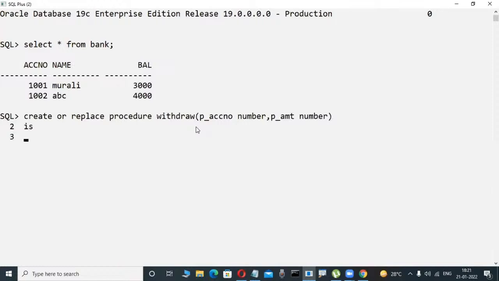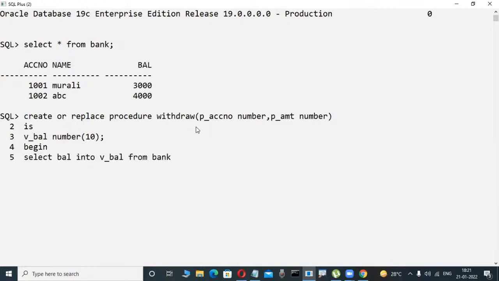Now some coding is there. I want to find out the balance. Whenever we insert the ATM card, then we try to retrieve, it checks the balance. Now check it out, concentrate here. Some coding is there: select balance into v_balance from bank.